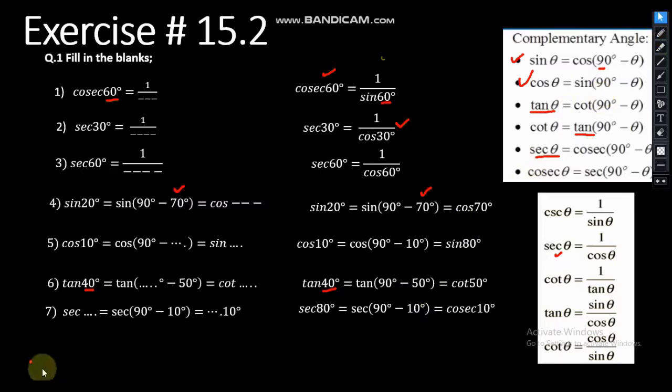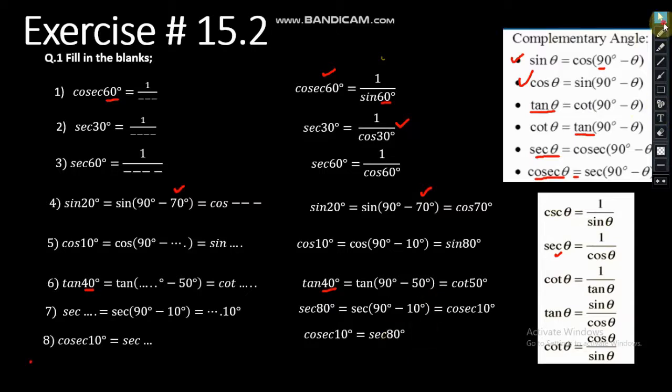Now next question, 8. Cosec 10 degree is equal to sec dash. We will use cosec theta equal to sec of 90 degree minus theta. When we subtract 10 degree from 90 degree, it is equal to sec 80 degree.